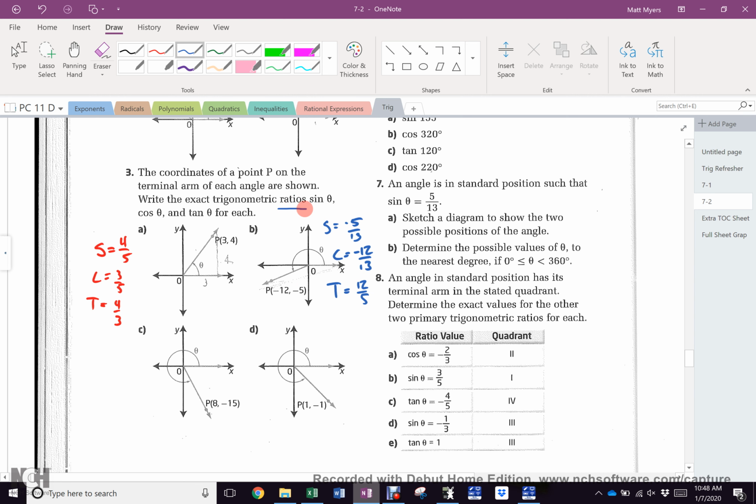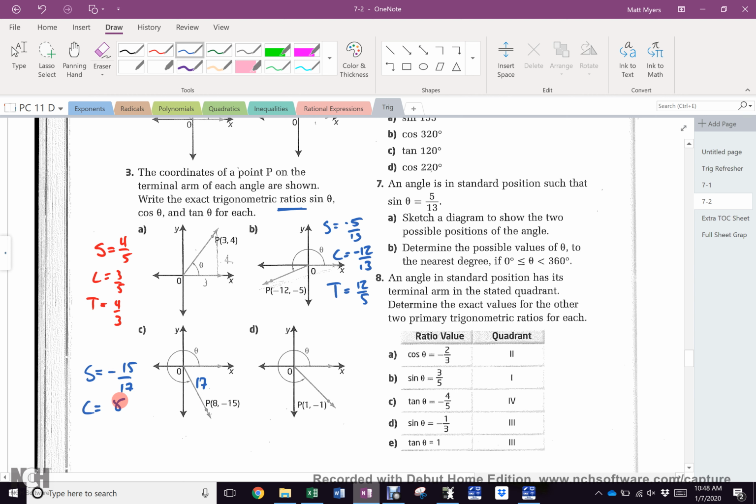I wanted just the ratios. Okay. For C, R is, of course, 225 plus 64, which is 289. So that is 17. So sine is negative 15 over 17.